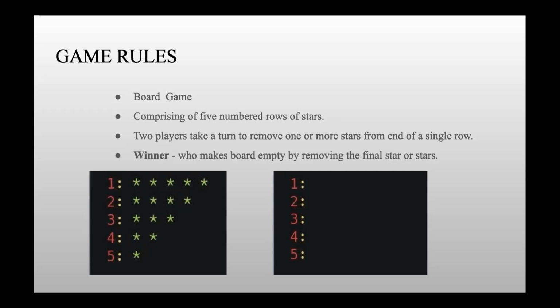He is allowed to remove stars only from one particular row, and the player who removes the last star is the winner. So this is the base of how the game is. You can remove one or more stars, but from the same row at each step.